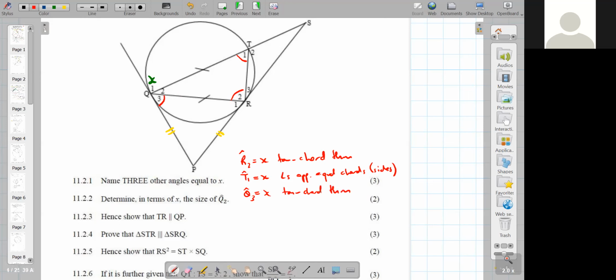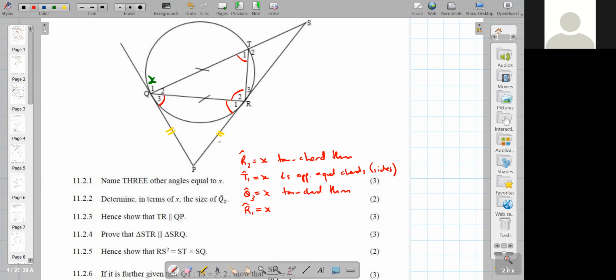And after Q3, can we say R1 is X? Yes, R1 is X. Three of them is enough, but let me just write it anyway. So R1 will be X, for the same reason. You can use the previous reason, the tan chord theorem, or you can say tangents from the same point.